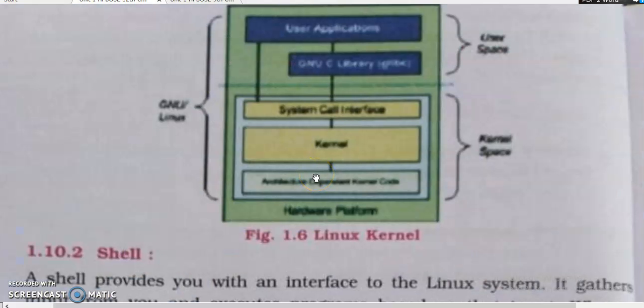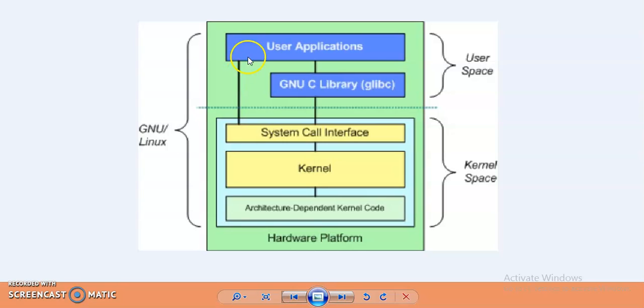This is a diagram of the Linux kernel given in our syllabus book, and I have a clearer picture of this. This is the entire Linux system, and from the inside it is divided into two parts. The first is user space, and next is kernel space.